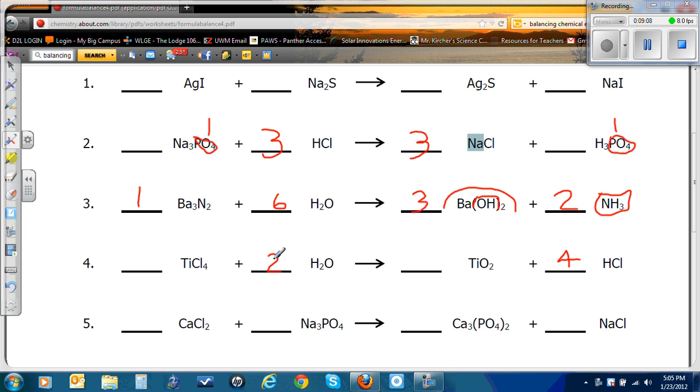By putting that coefficient of 2, it affects our oxygen. We now have 2 parts oxygen, and on the product side, we have 2 parts. Go back and check it one more time. 1 part titanium, 1 part titanium, 4 parts chlorine, 4 parts chlorine, 4 hydrogen, 4 hydrogen, 2 oxygen, 2 oxygen. We're balanced.